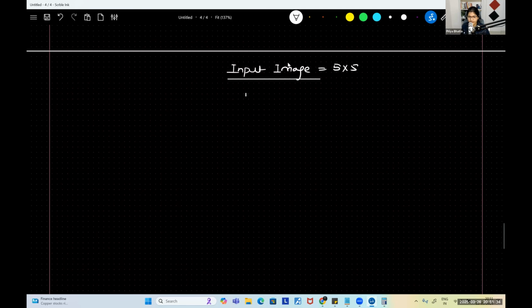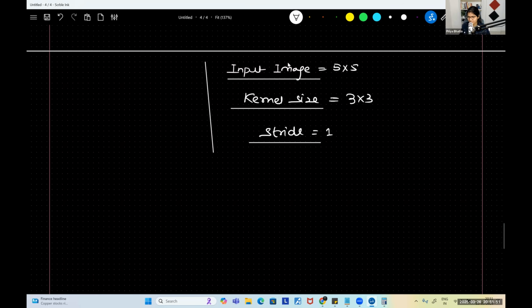And the default kernel size is 3 cross 3. You are doing a stride by 1. And there is also a concept called padding. We will cover that in the upcoming part of today's class only. But for now, we will take this variable as 0 because we have not understood this concept.